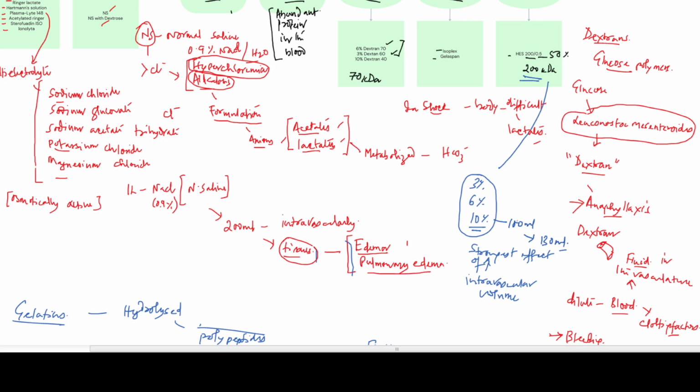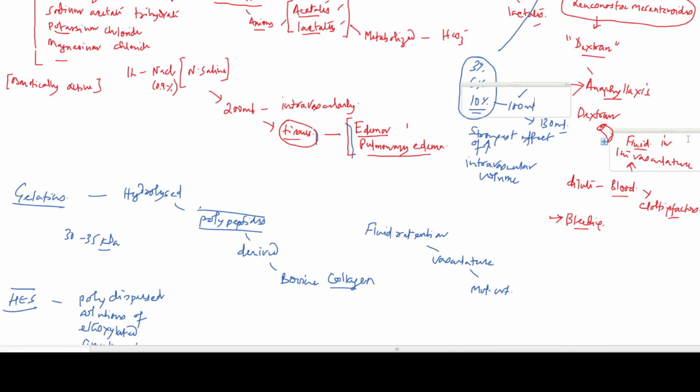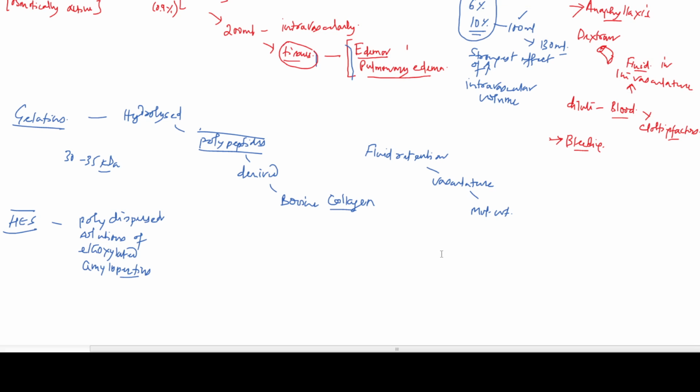So an example better than the dextran would be hydroxyethyl starch. The half-life of hydroxyethyl starch is about 48 days.